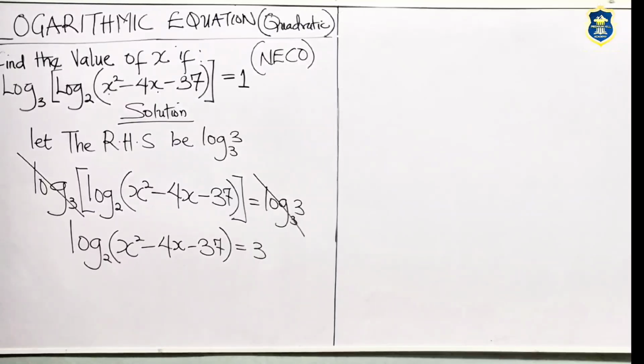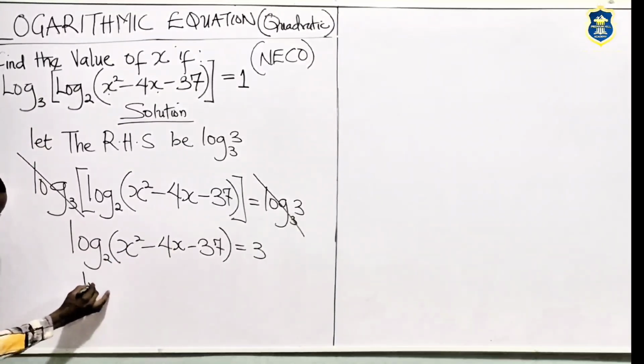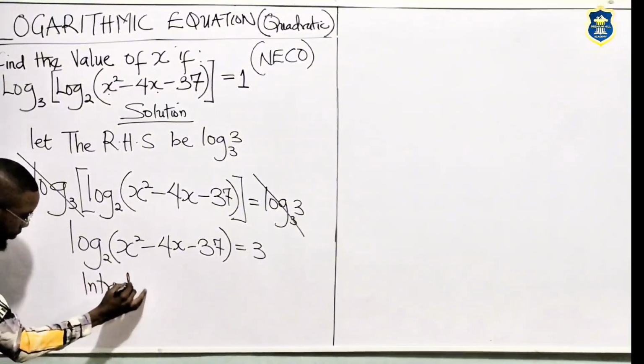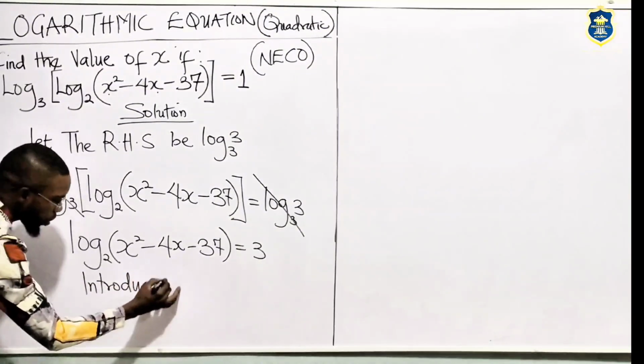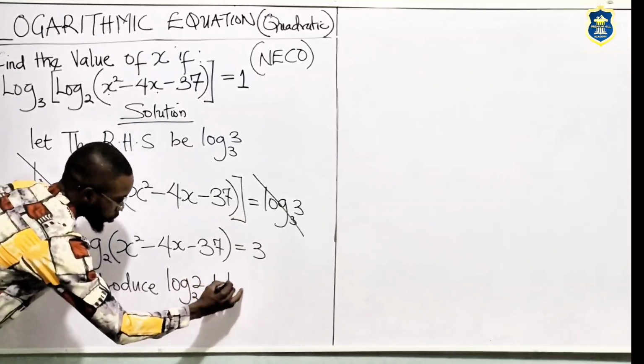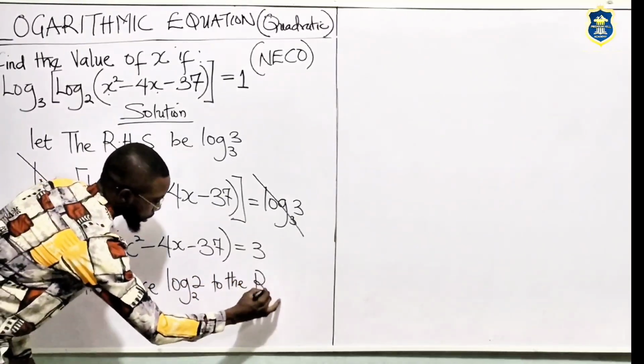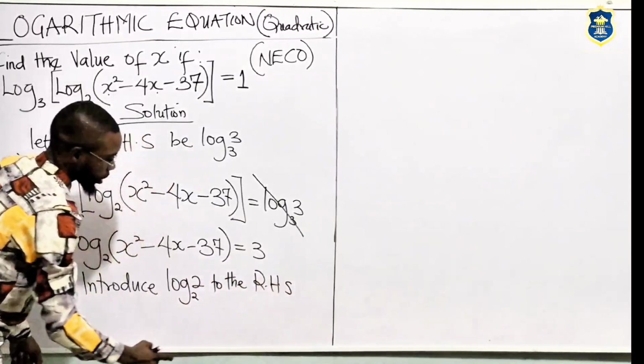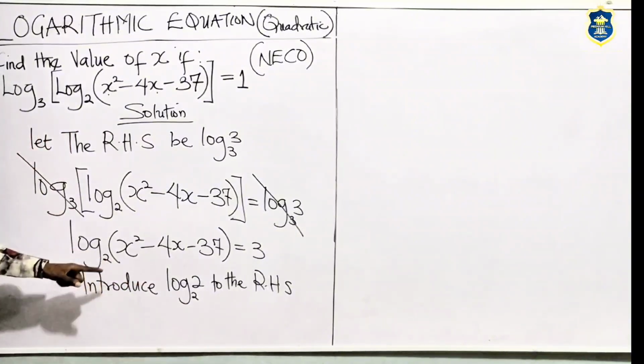What do we do now? We will still manipulate. We are still going to introduce log to the base 2 of 2 to the what? To the right hand side, so that this one can take off this one, right?